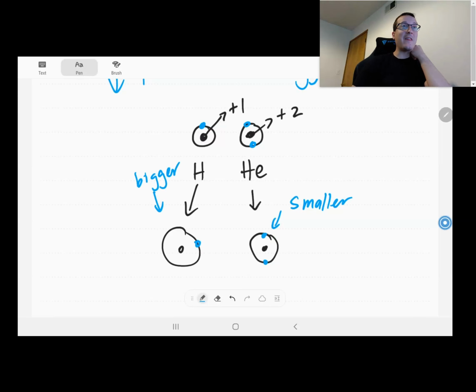We're going to see that with next-to-each-other elements, going to the right or to the left, the one that has more protons is going to pull the electrons in more, making it smaller. Okay, let's do another pair of them.